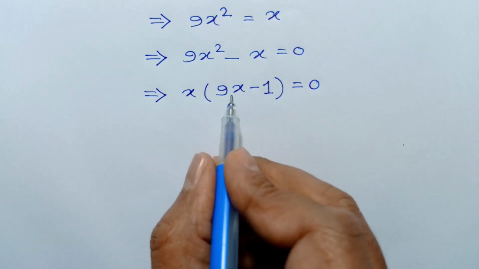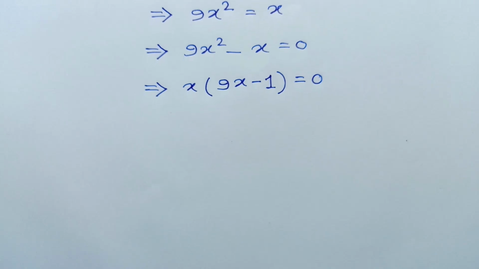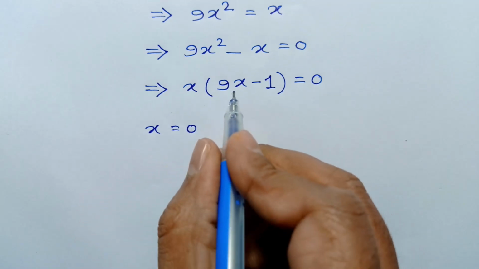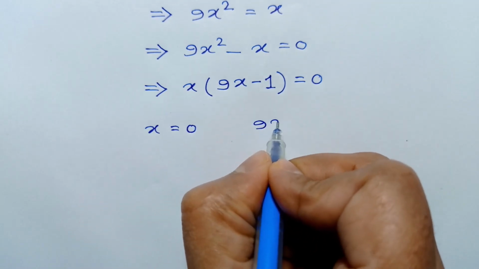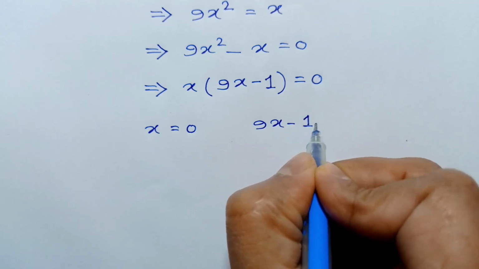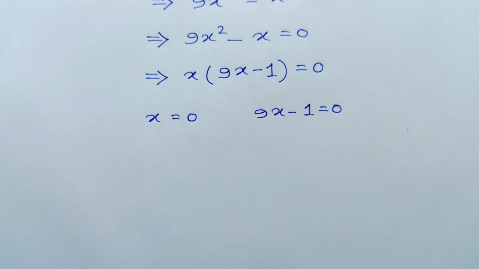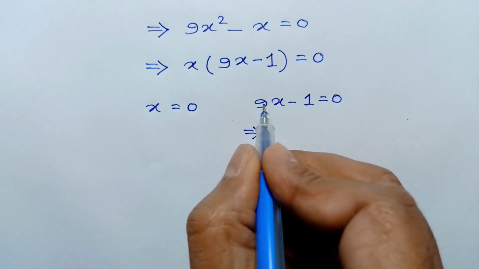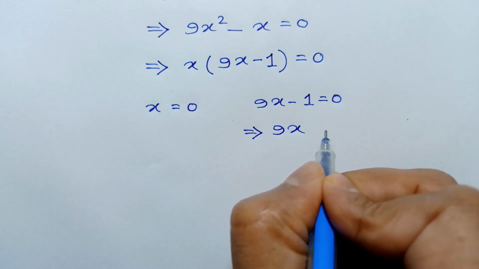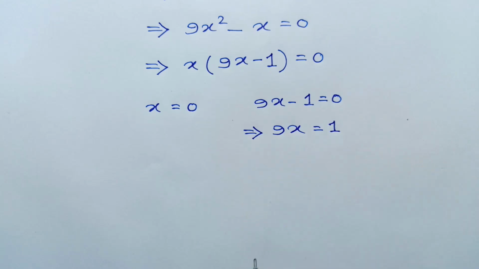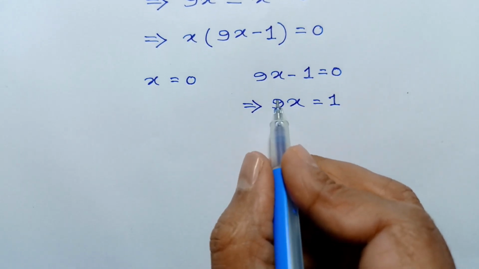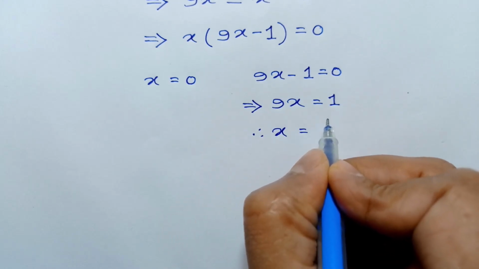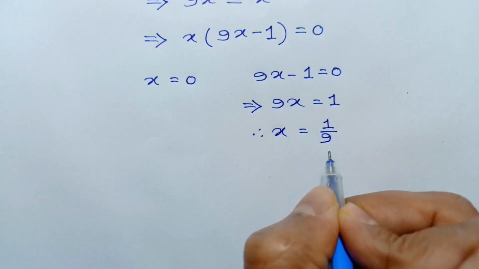Or 9x minus 1 is equal to 0, so taking 1 to the right side, we will have 9x is equal to 1. Now dividing both sides by 9, we will have the value of x is equal to 1 over 9.